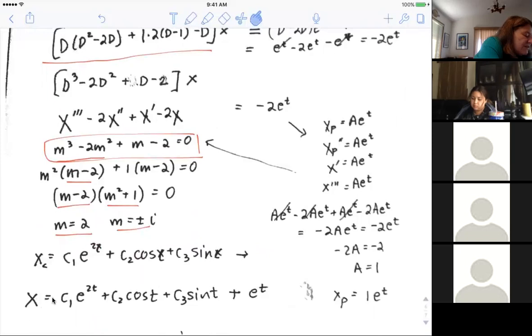So xc, yc, and zc, because these are all the same, is going to be c1 e to the 2t plus c2 cosine t. Those are all t's. I've got a habit of making x's, but those are t's. x, y, and z are functions of t. You've got a 0 here, so that's e to the 0 on this one, but that'll just be 1.